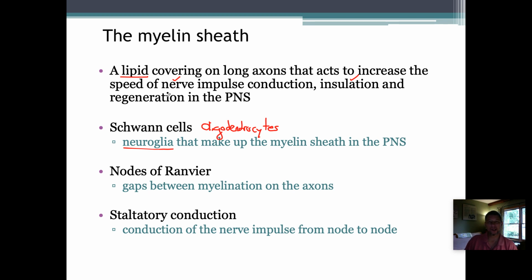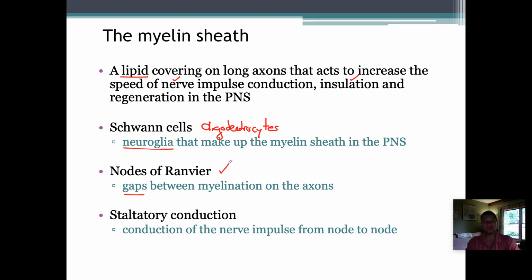Now, you may have noticed in the picture on the previous slide, there were gaps between the sections of myelin, and these gaps are called the nodes of Ranvier, which is actually the name of the guy who first described them.